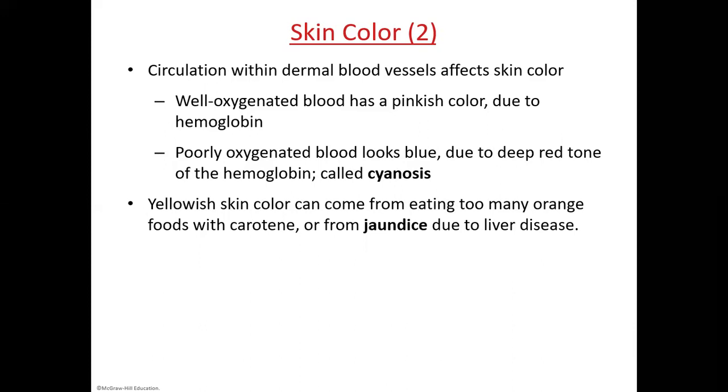You should see a pinkish color. If you have darker skin, this can be a little difficult to see, but you can see it in the fingernails, no matter your skin color, or on the palms of your hands, where it's a little bit lighter.